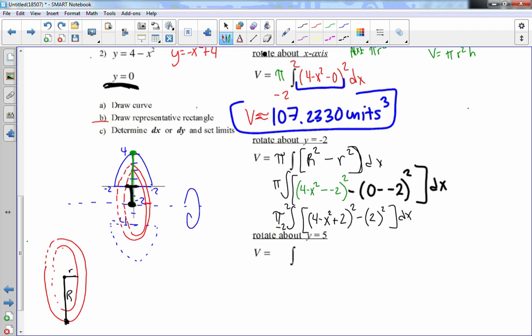If you want to do the math to simplify that, you can, just be careful, or you can just type that into the calculator. Don't forget about the pi.